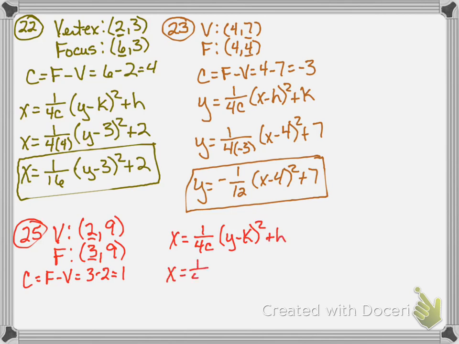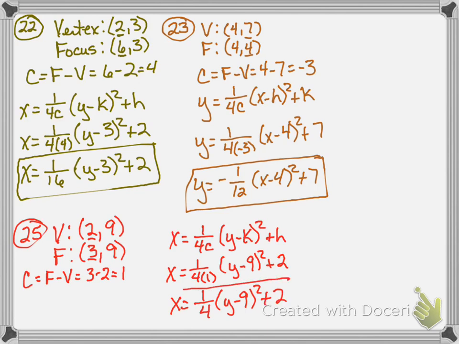So 1 over 4 times 1 times (y minus 9) squared plus 2. So I have x is 1/4 (y minus 9) squared plus 2. Alrighty. And that is all there is to that.